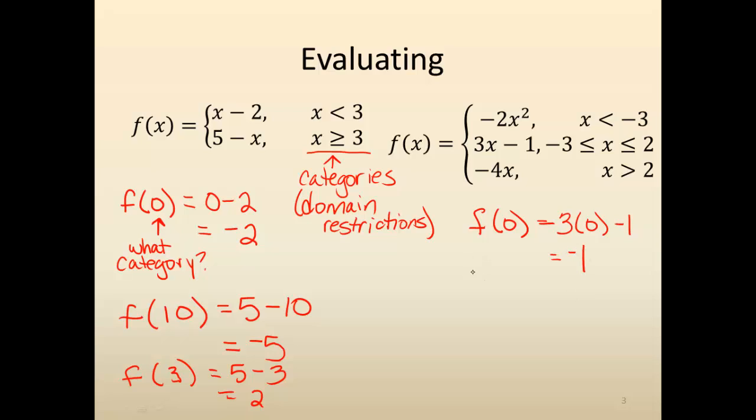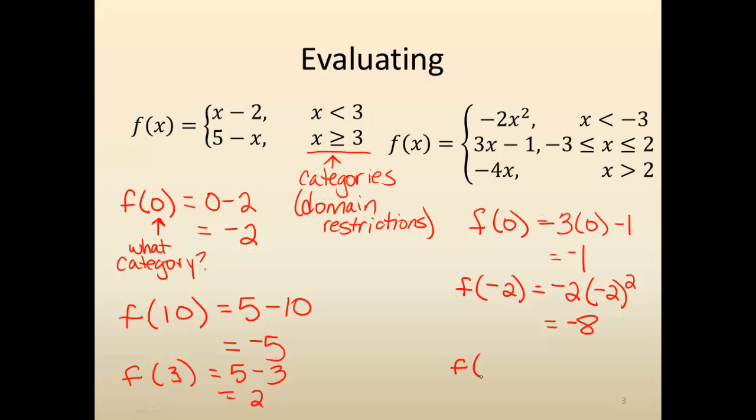If I want to do f of negative 2, again, my first decision is which category negative 2 goes into. Negative 2 is less than negative 3, so I'm going to use the top formula, and I'm going to do negative 2 times negative 2 squared, and that's negative 8.